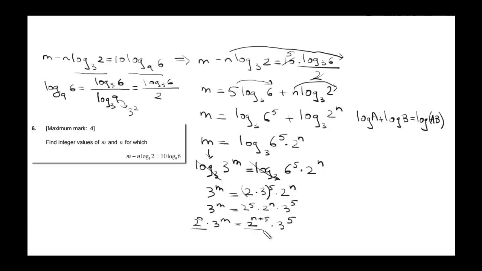Therefore m and n being integers, we obtain that for the powers of 2, n plus 5 must be 0, and for the powers of 3, m must be 5. So m is 5 and n will be equal to negative 5.